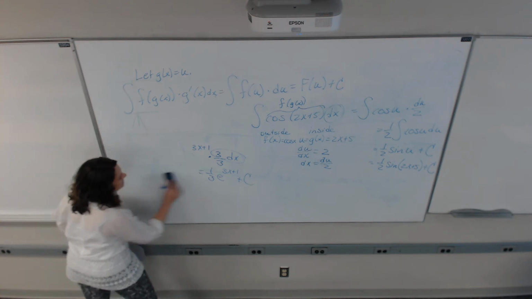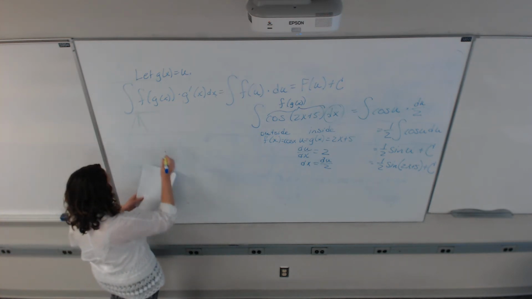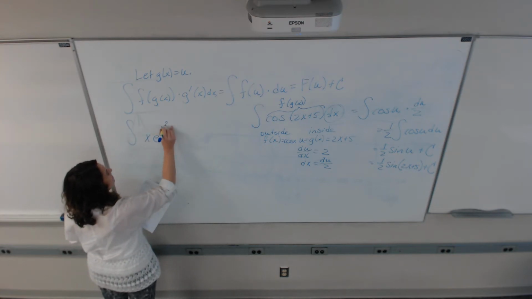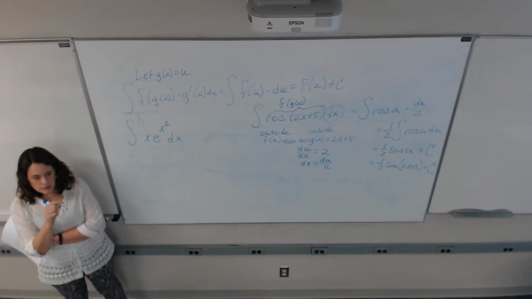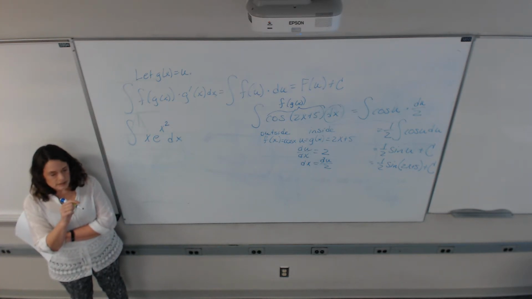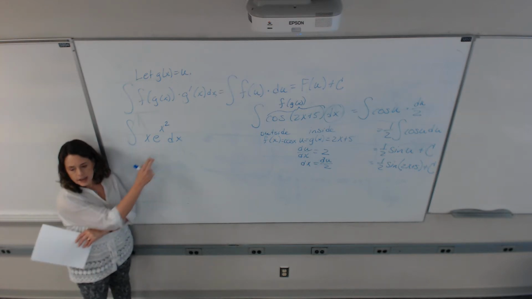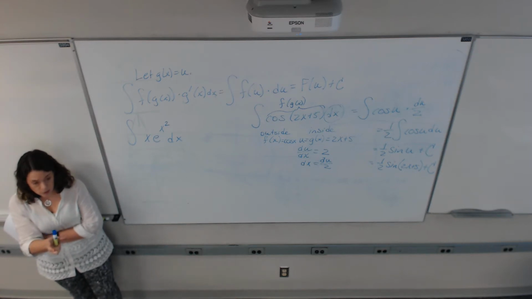Let's up the stakes a little bit. The integral of x e to the x squared dx. Again, this can be really intimidating because you see the x times the exponential, and that makes you think that's not composed, right?